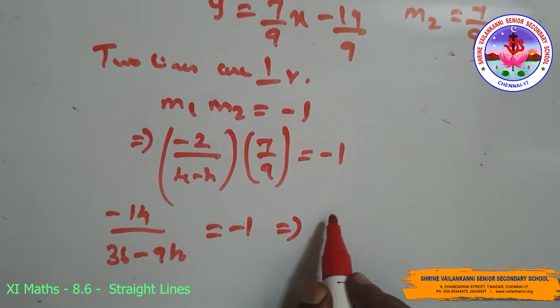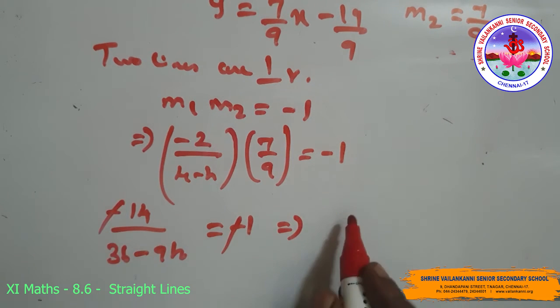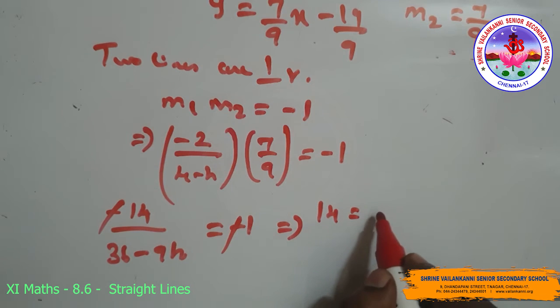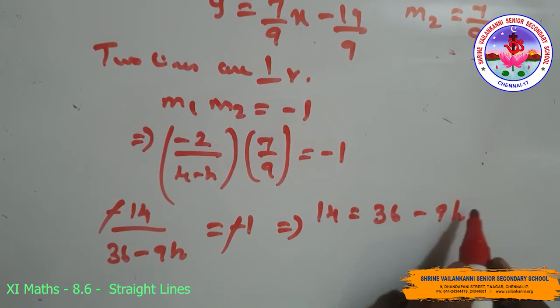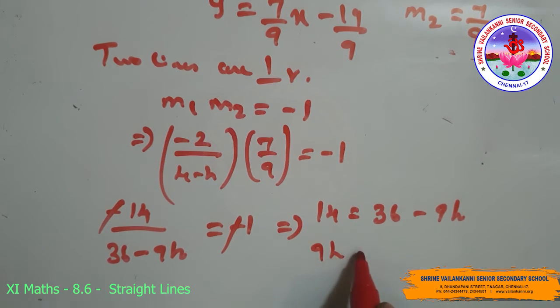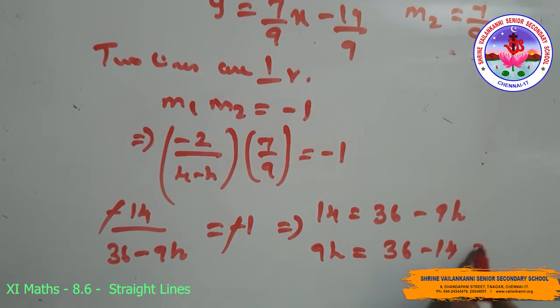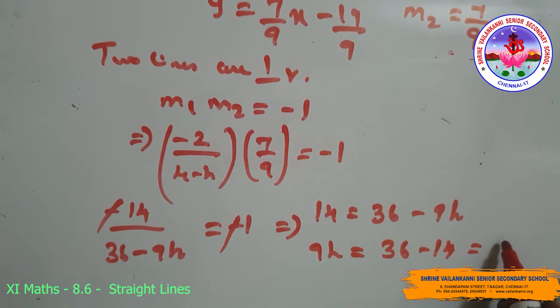We can cancel the minus, so 14 equal to 36 minus 9h. So 9h equal to 36 minus 14, which is 22. So h equal to 22 by 9.